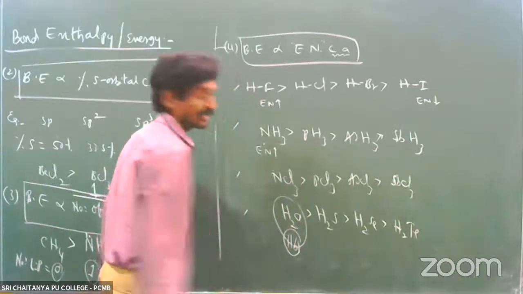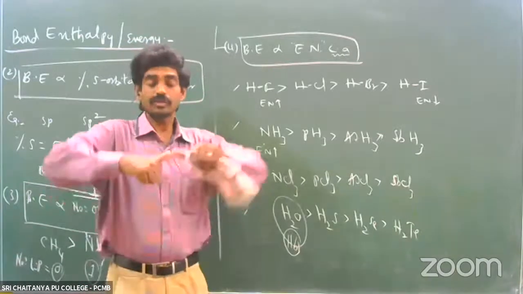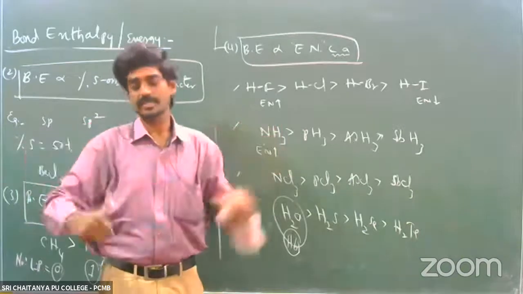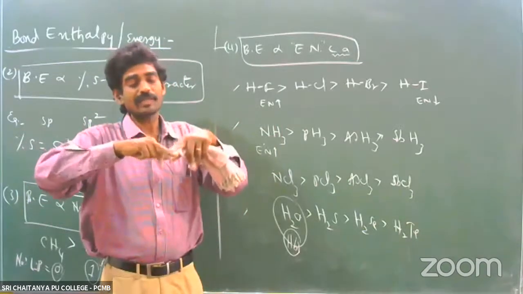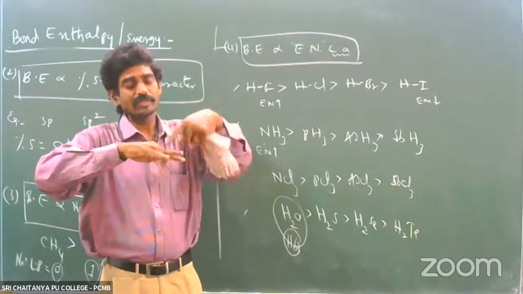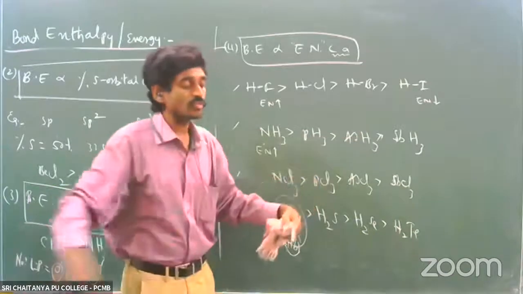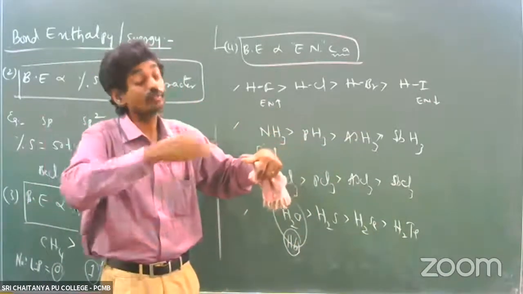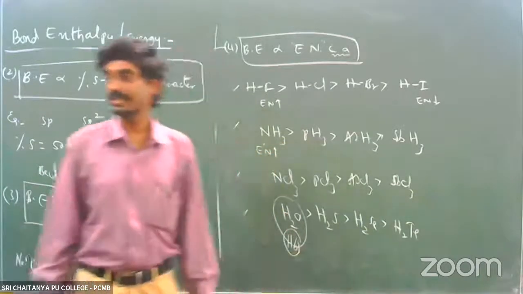The H2O molecules are held together through hydrogen bonds, so they form associated molecules. One water molecule is linked with another water molecule through a hydrogen bond, and that is linked with another, like that. So many water molecules are linked through hydrogen bonds and form associated molecules. To break the bond in those associated molecules you must supply more energy. That's why a high bond energy is required.